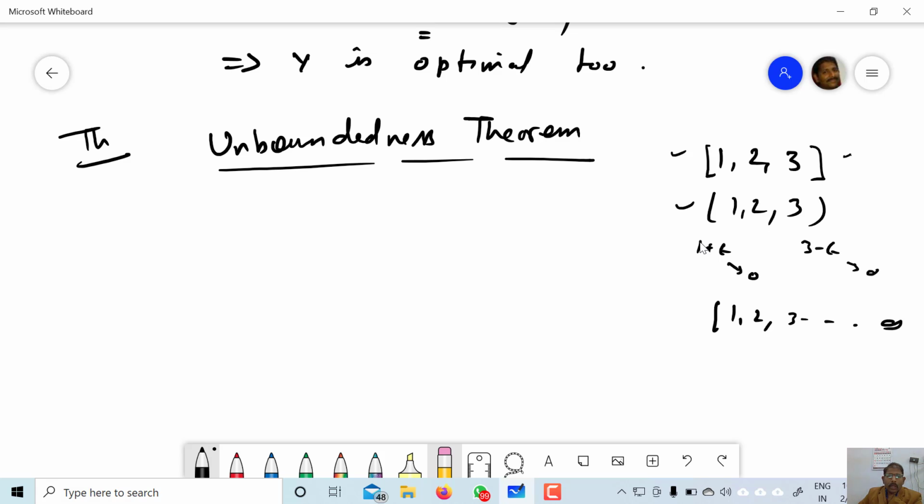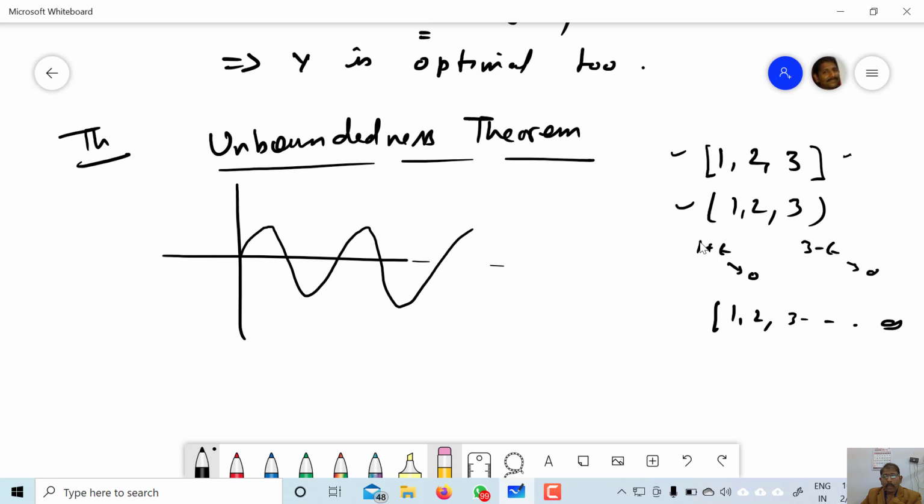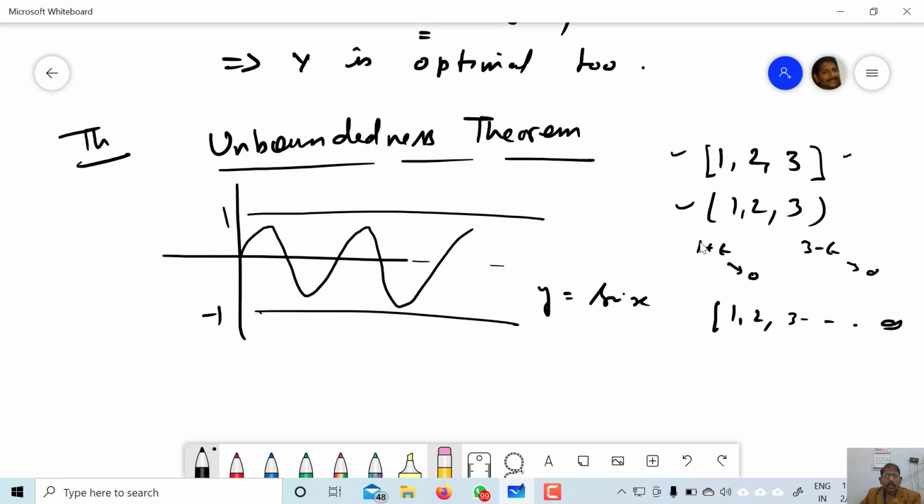In the form of a curve, I am giving you an example. Suppose this is a sine wave. A sine wave can be represented between two lines. So this is a bounded curve because the maximum value and the minimum value will be between 1 and minus 1. Therefore all the values of y equal to sin x will be between 1 and minus 1, so it is a bounded set.